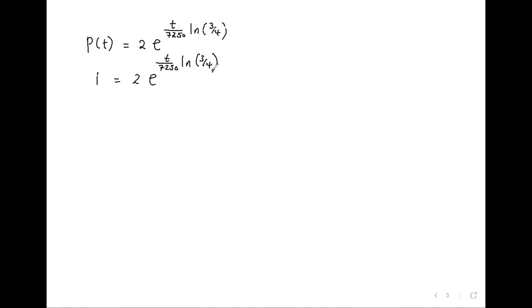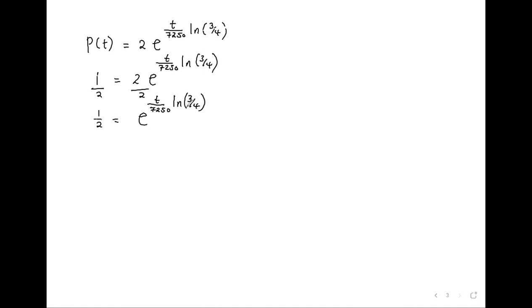We are looking for t now. How long? Meaning what term? So you need to find the time that will be taken. So you divide by 2, divide by 2, so we have 1/2 equal to e to the power t over 7250, ln 3/4.